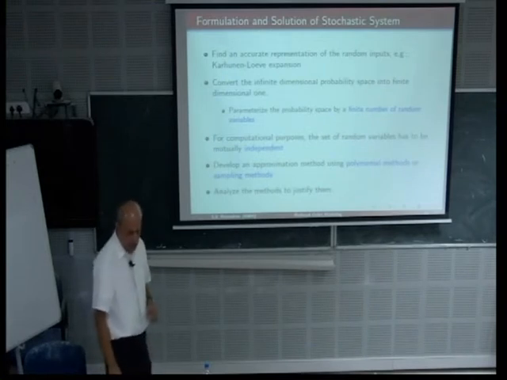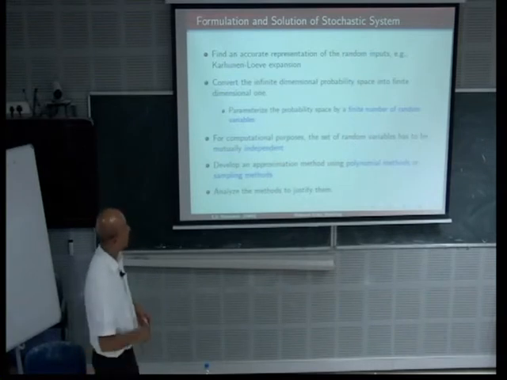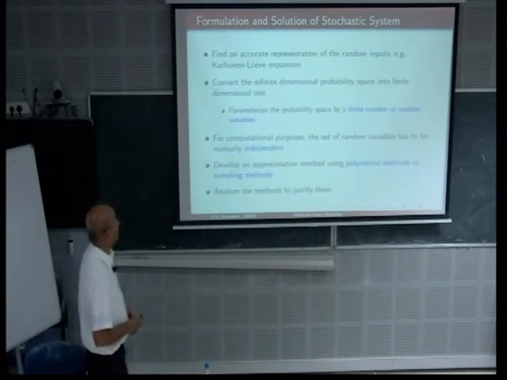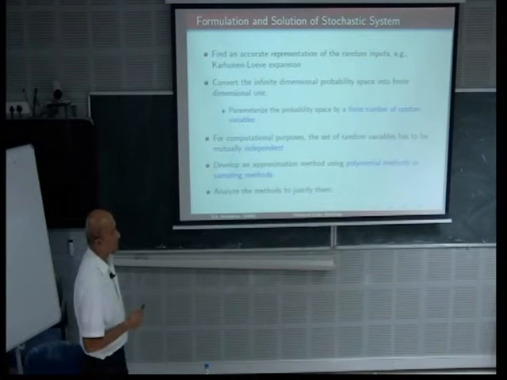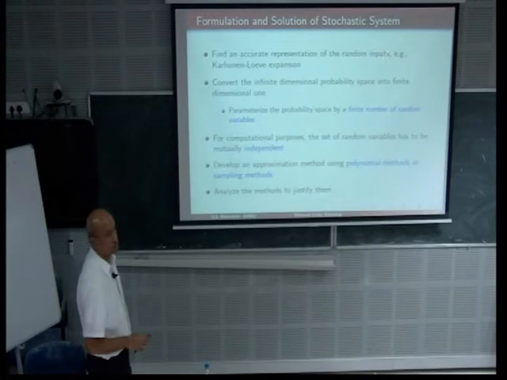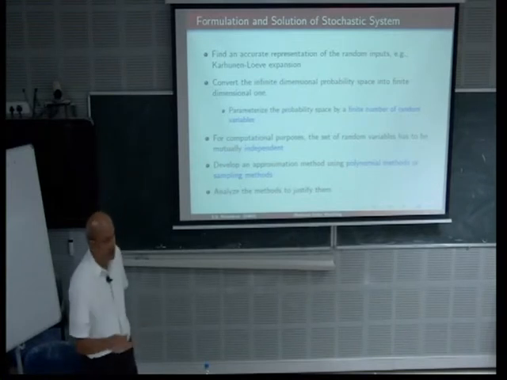So let's look at the formulation of the stochastic problem. First thing you have to do is to approximate these random inputs and come up with a finite representation. So you have to find an accurate representation of the random inputs first, because we are working with random fields.